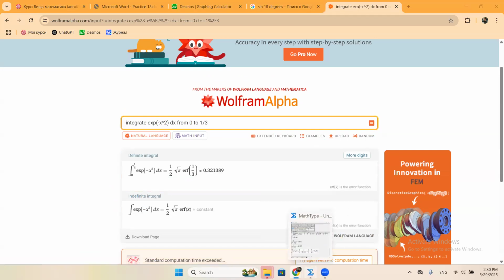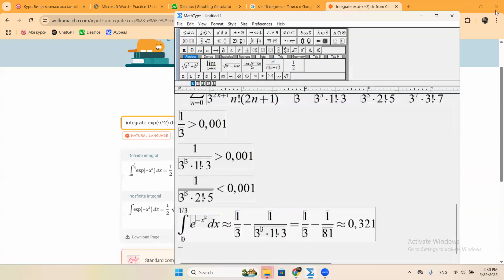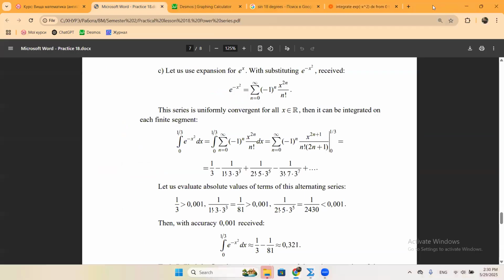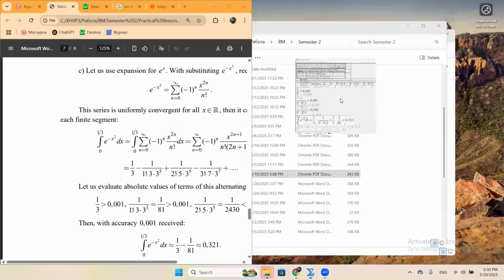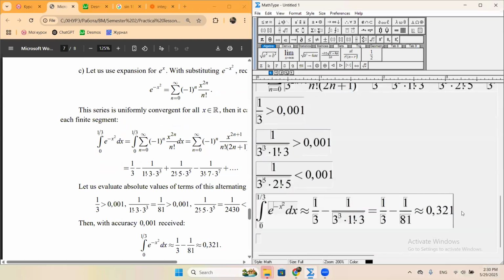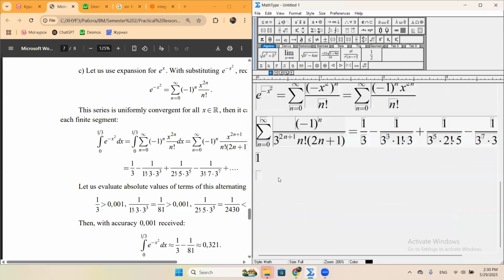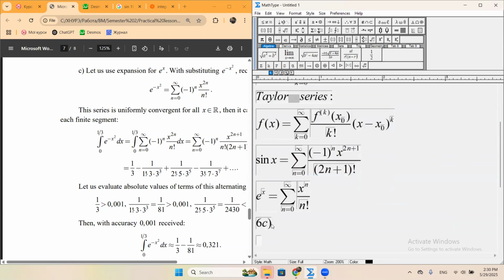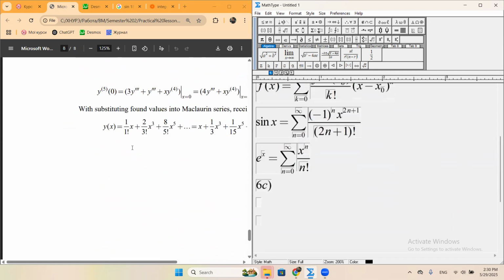Any questions about this exercise? Okay, if no questions, let's move on.